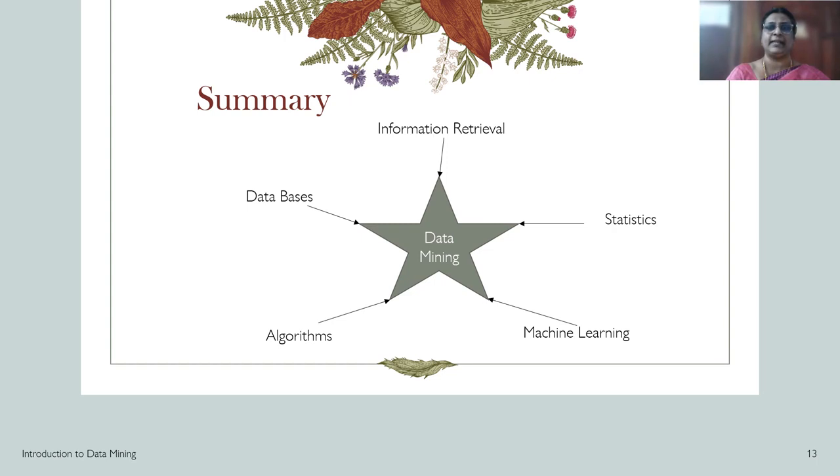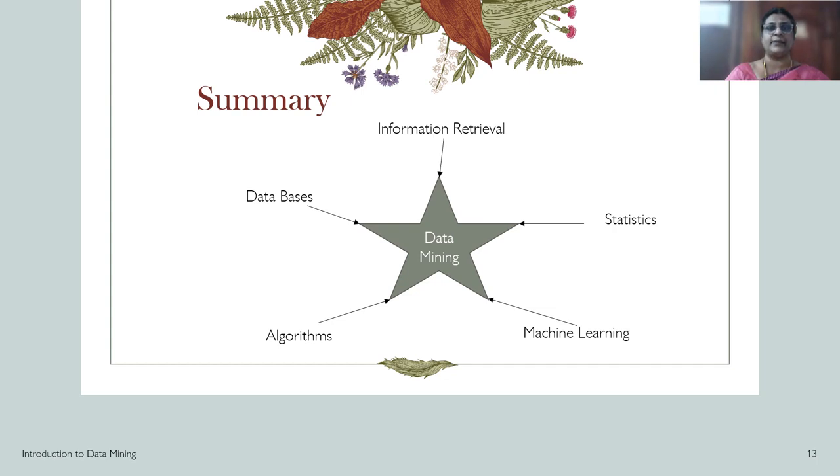For that, we apply many algorithms. Some of the algorithms are statistics based, and some others are machine learning, which is based on artificial intelligence techniques. All these algorithms are applied on the data so that we get a model. I hope you have understood the concept behind data mining.